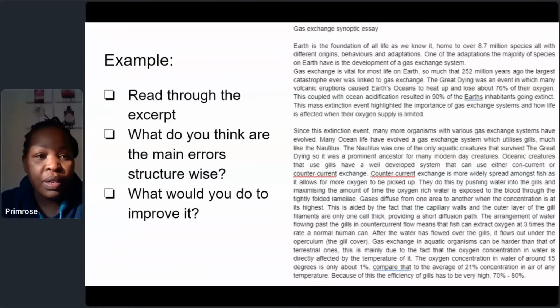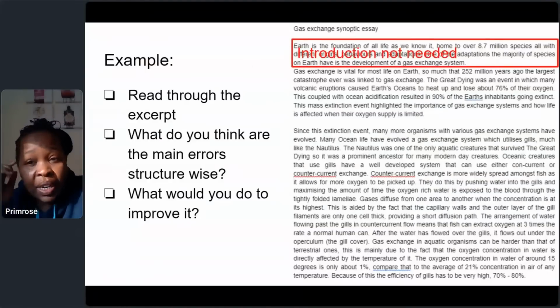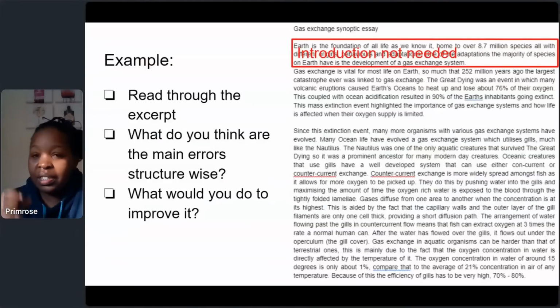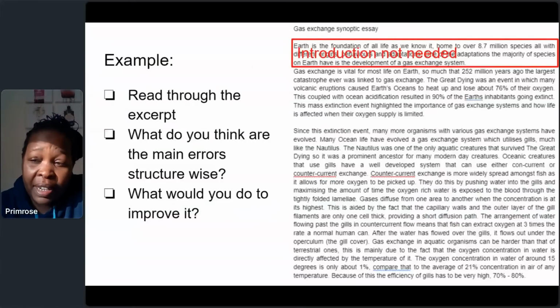Okay, so it would be useful if you read through and annotated it and identified any errors. But the key thing is this person has an introduction. Now, you don't need an introduction in your essay. A lot of students in the past used to include an introduction. It's absolutely not needed, so it wouldn't carry any extra marks.